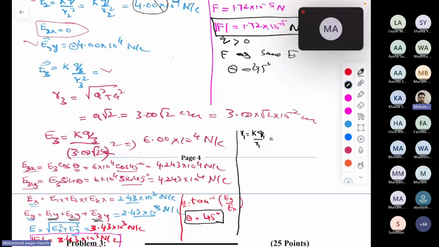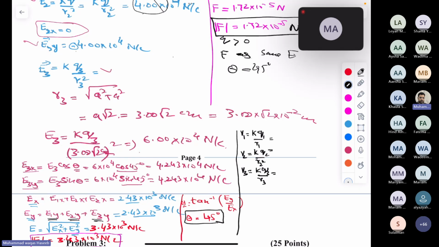So we can now put in the values. This is K Q1 over R1, then K Q2 over R2, and V3 is K Q3 over R3. This is not a square, this is the subscript.